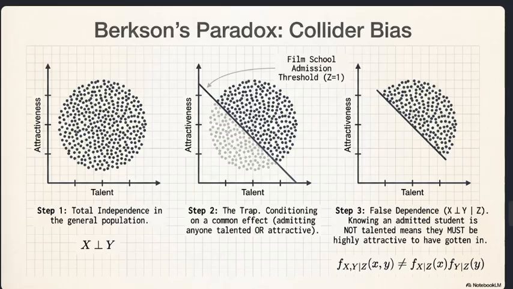Academic ability and extracurricular achievements may appear negatively correlated, even if they are independent in the general population. What we can conclude is that selection itself can introduce false relationships.